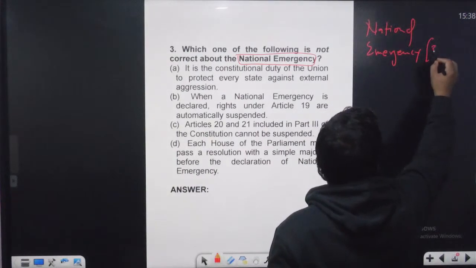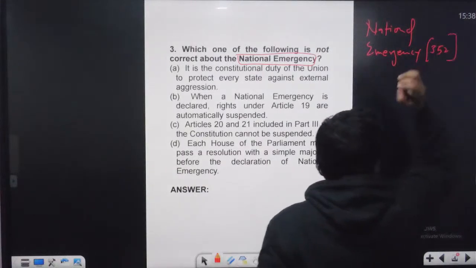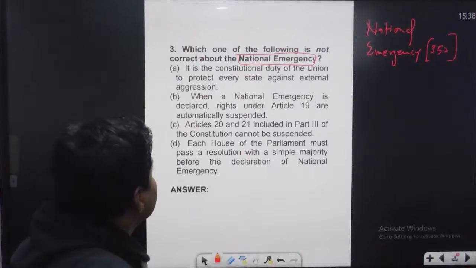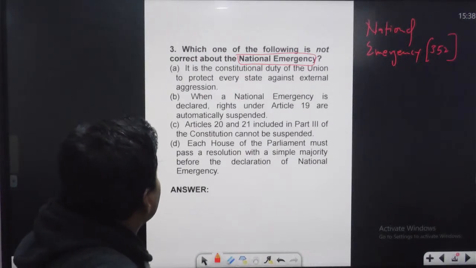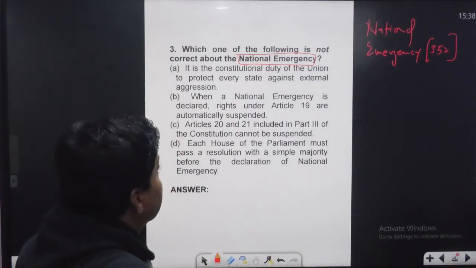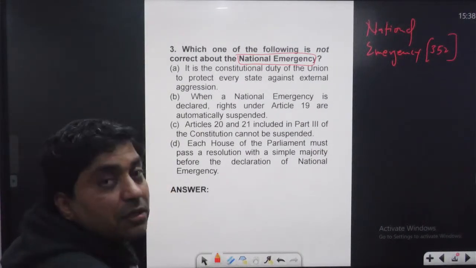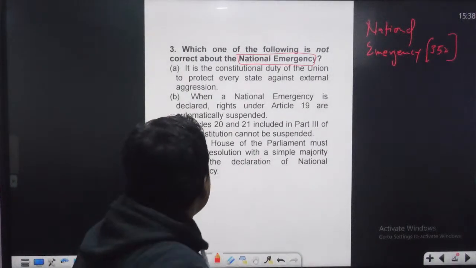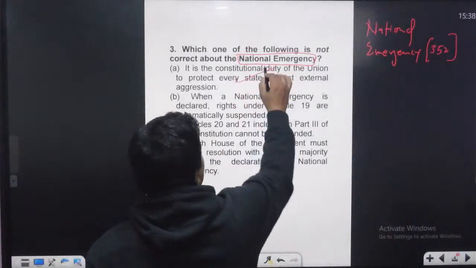Article 352 basically governs national emergency. So it is the constitutional duty of the Union to protect every state against external aggression. Right, Article 359. So yes, it is correct.